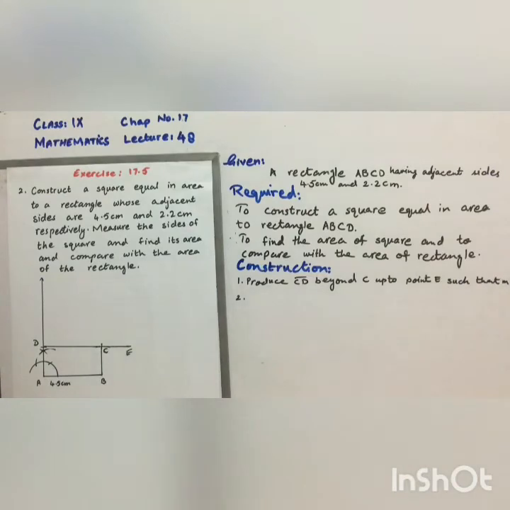Now in step number 2, we will take the midpoint of DE. Adjust the legs of the compass more than half of DE.